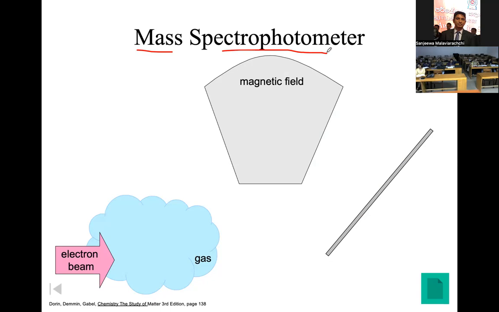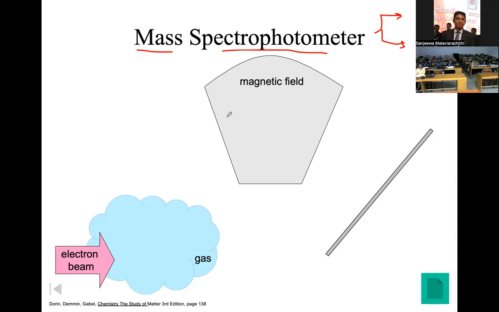Photometer means in terms of a signal, it can give you a light signal or something like that. Otherwise, if it is just a spectrometer, then it can be given as an electronic signal, right? These signals should be counted to see how many atoms are there. So that is the basic principle in a mass spectrometer.